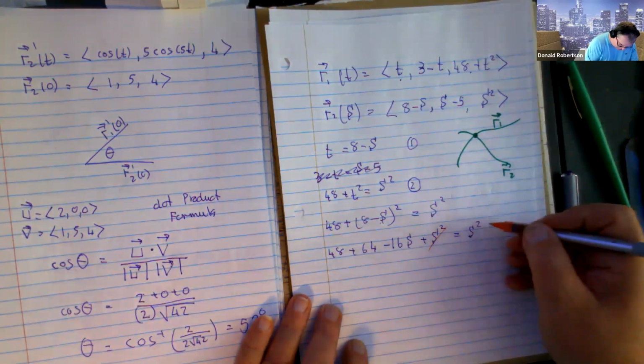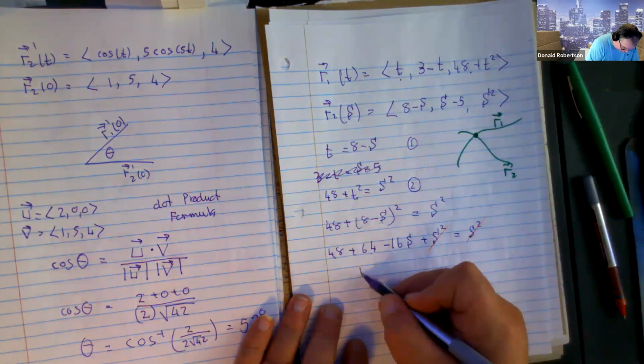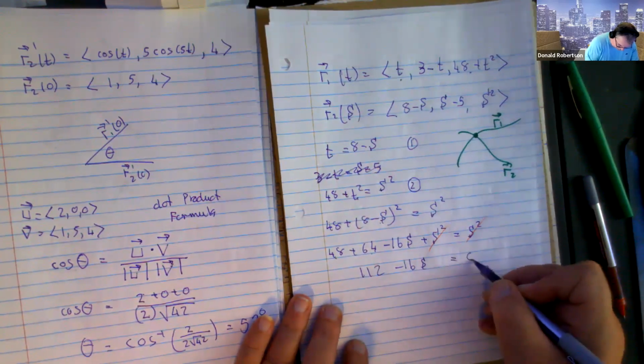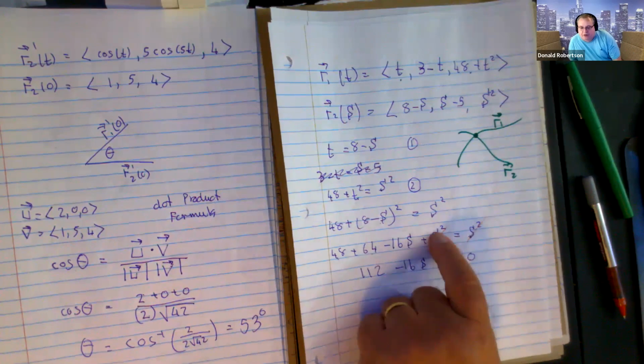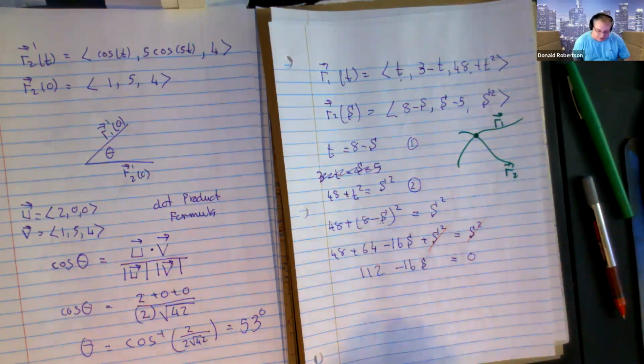They cancel out. This and this gets you 112 take away 16s equals 0. If you don't like these cancelling out, how about subtract s squared from both sides? It has the same effect.